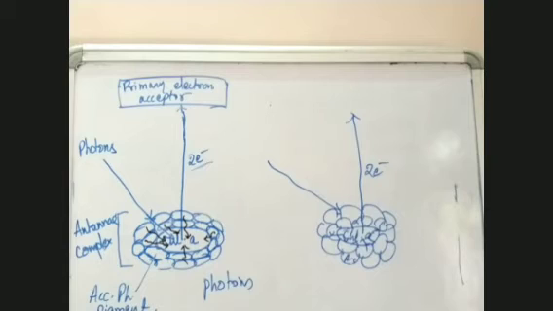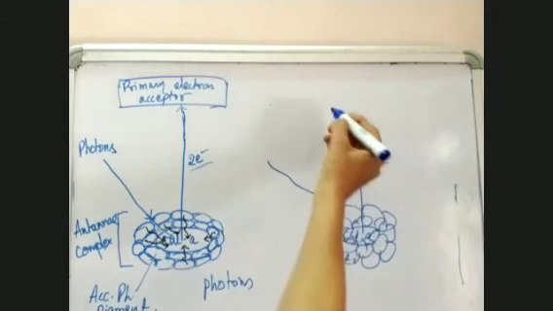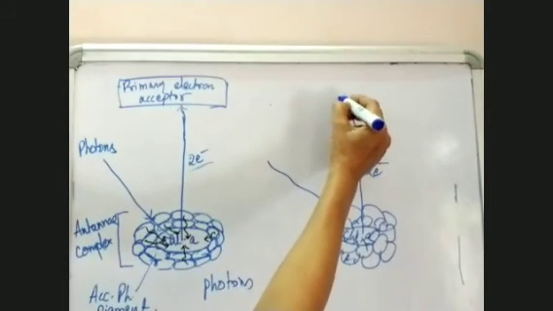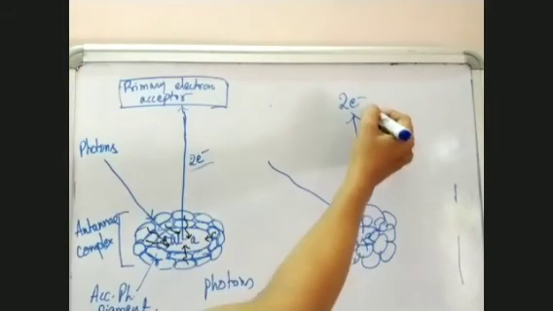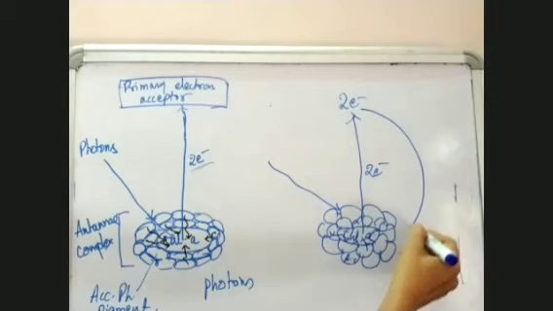When it takes place in the plants, we have a primary electron acceptor to accept the electrons which get excited. But in laboratory conditions, we do not have any such acceptor. So once it gets excited, obviously, it will come down to its normal level.